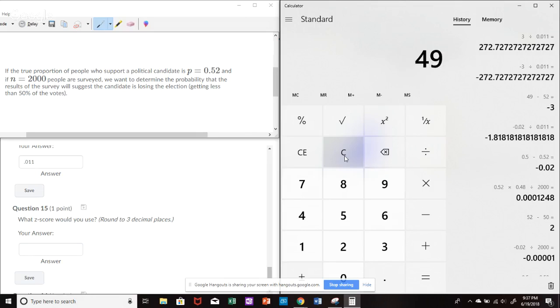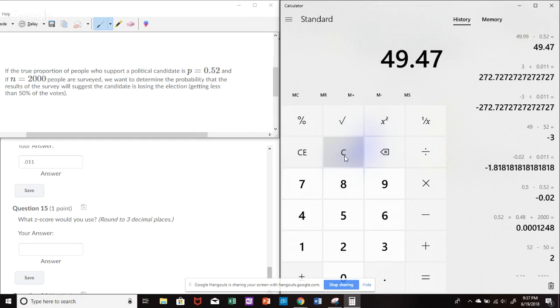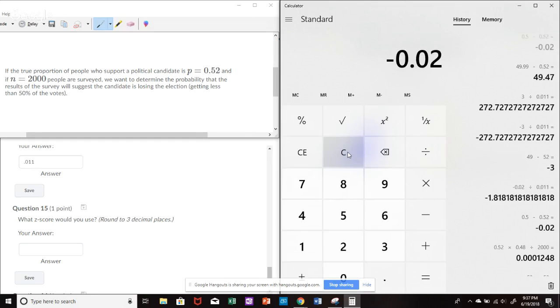49 minus 52. Oh, that's what I'm doing wrong. Okay, so that's 0.45 minus 0.02.